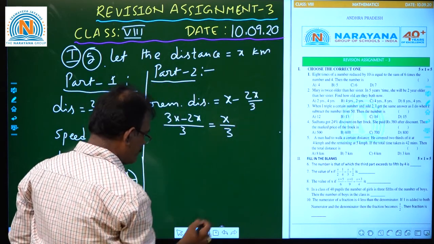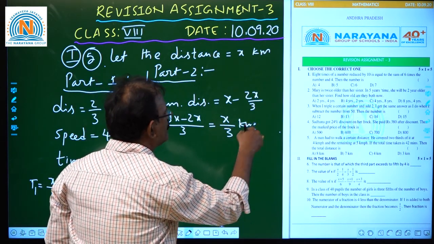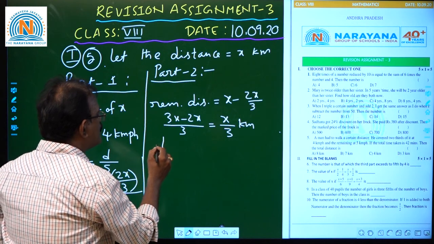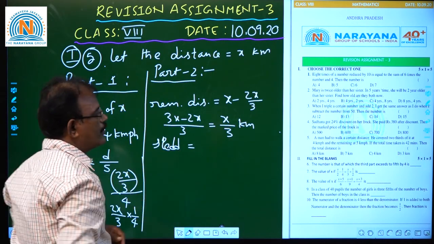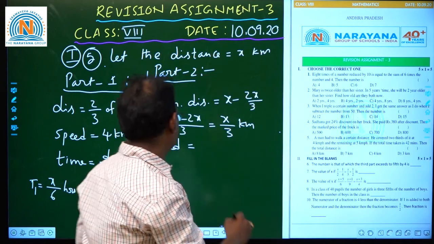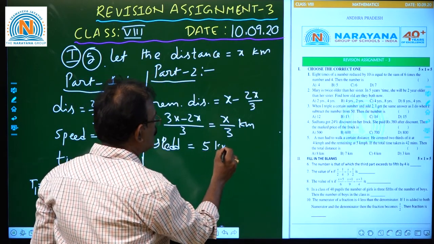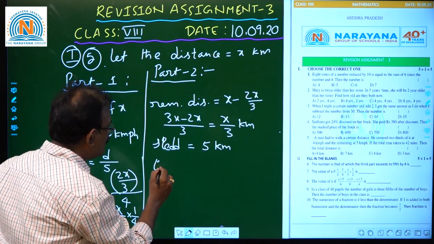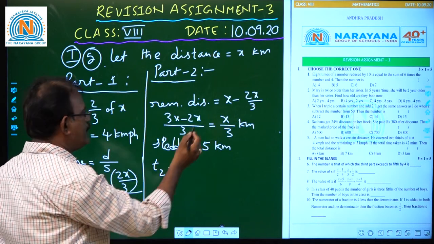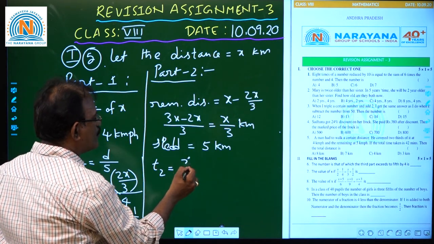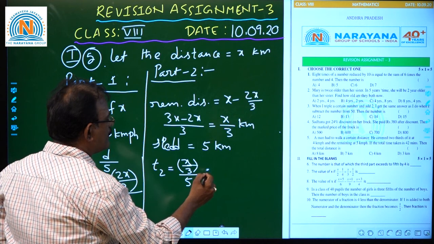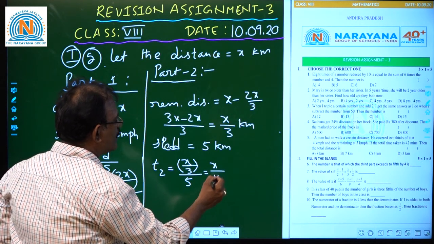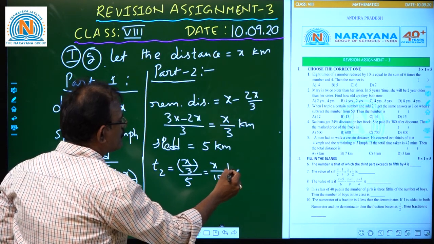This is distance, no? Here what is the speed? Here the speed is 5 km per hour. Then what is T2? T2 is distance by speed. So x by 3 by 5. That means x by 15 hours.